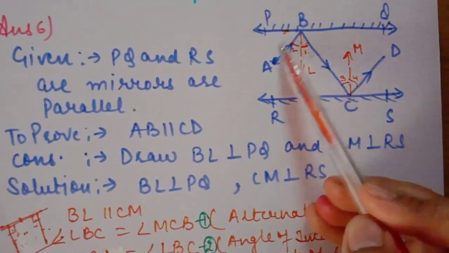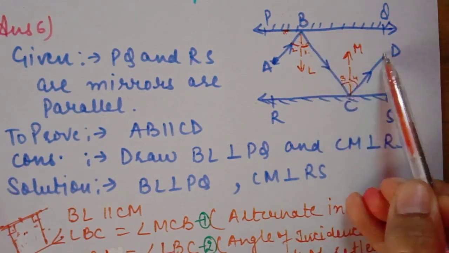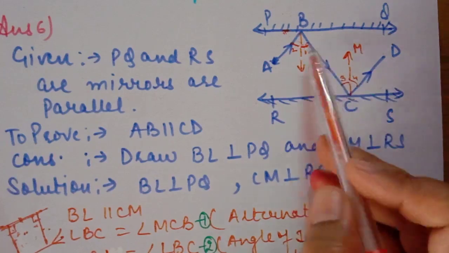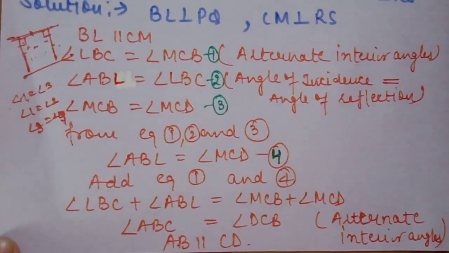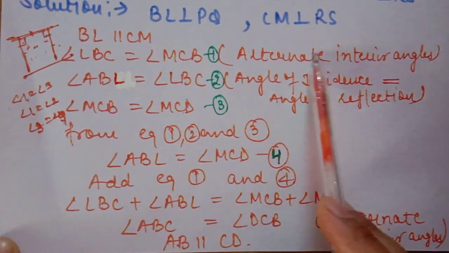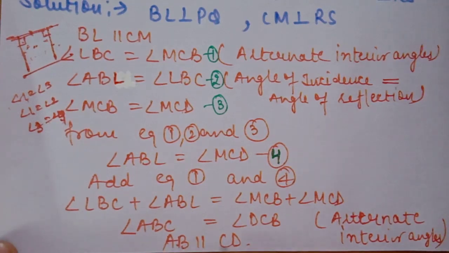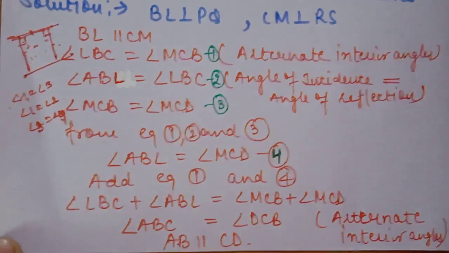It means this complete angle and this complete angle. So if these two angles are equal, and the reason is the same as the first equation, alternate interior angles, definitely it is only possible when the lines are parallel, AB parallel CD. Hence proved.